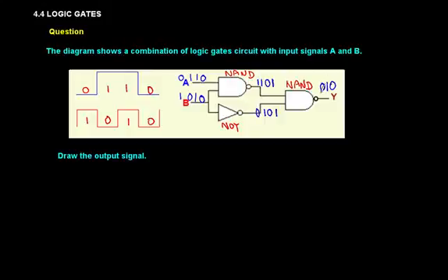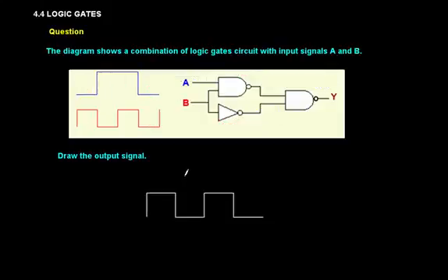So 1 and 0 through the NAND gate will be 1. So the signal output should be 1, 0, 1, 0. So this is the answer. Here is 1, 0, lower level, high level is 1, and then here 0.